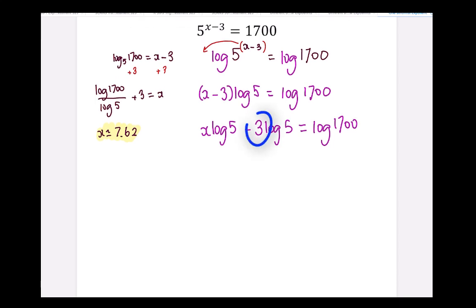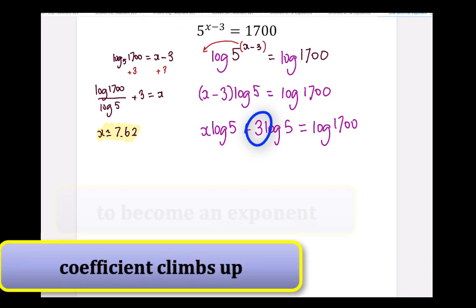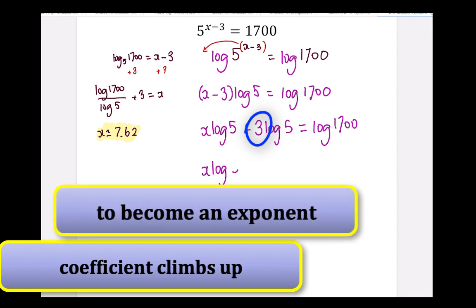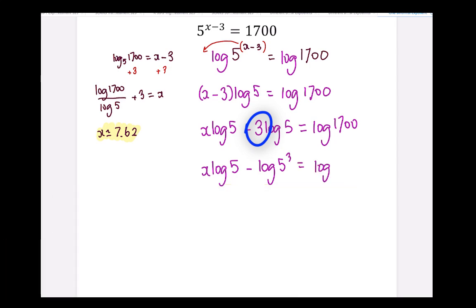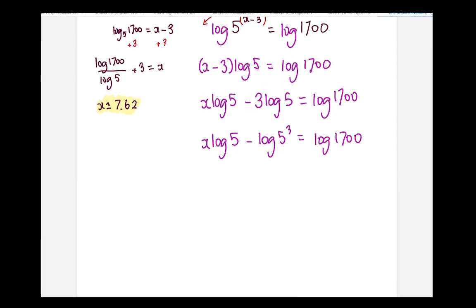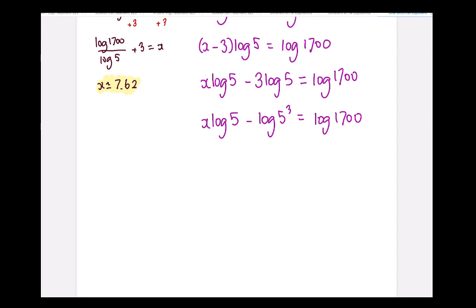Now let's have this 3 climb up, so that's going to give us x log 5 minus log 5 to the power of 3 equals log 1700. Let's go ahead and apply that exponent of 3, so that's going to give us x log 5 minus log 125 equals log 1700.